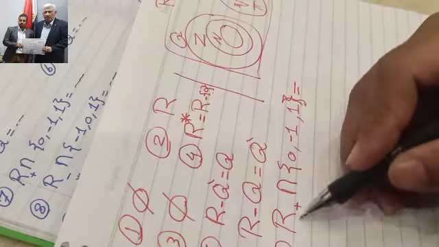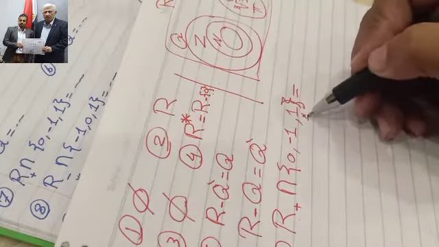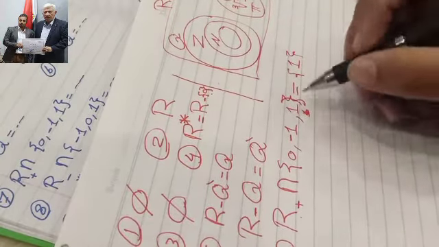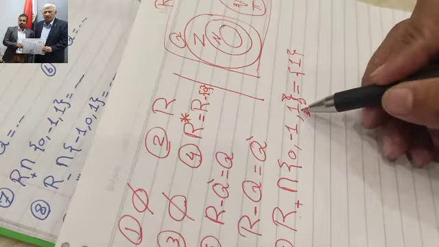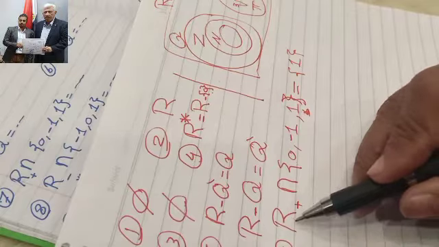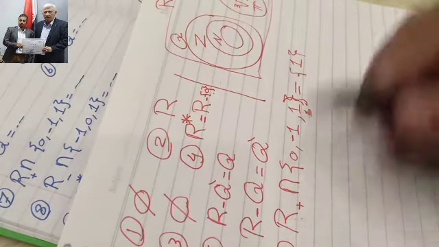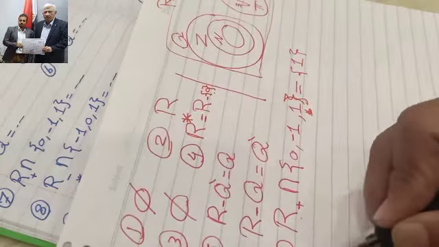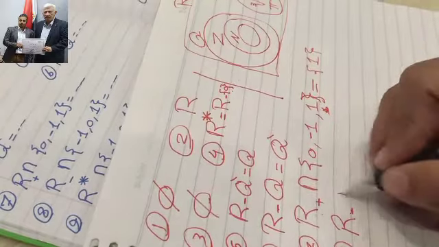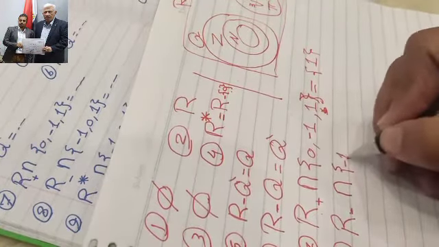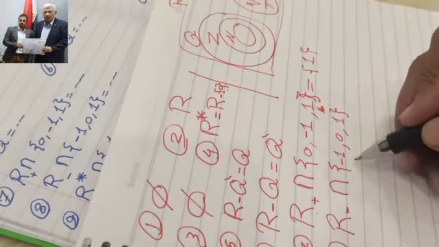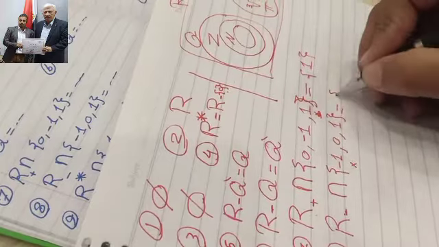What is the positive number here? Only the number 1. So the common number between the set {negative 1, 0, 1} and the positive real numbers is 1. For R negative intersect {negative 1, 0, 1}, the result equals negative 1.